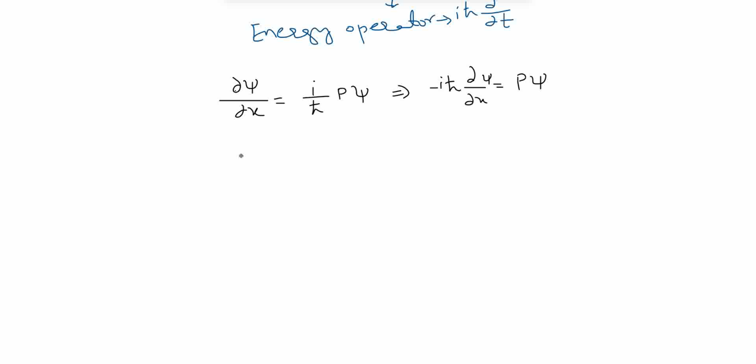So here the momentum operator is minus i h cross dou by dou x.